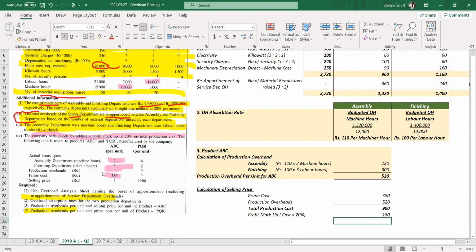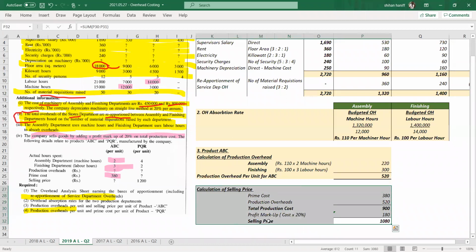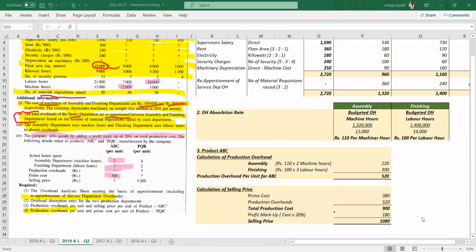In the selling price, 900 plus 180 is 1,080. Selling price per unit.